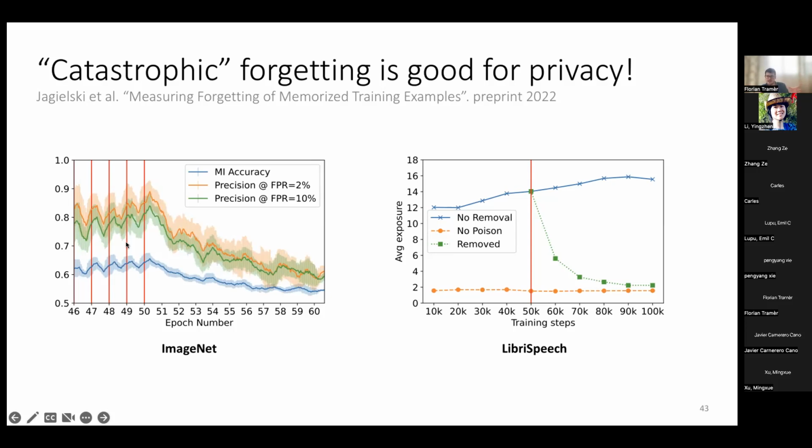What these results likely mean is that the examples seen towards the end of this epoch are much more likely to be memorized by the model than the examples seen way at the beginning, because by the time you reach the end of your training set, all the stuff that the model memorized early on during training has been forgotten. This indicates that the order in which data is seen during training might matter quite a bit in terms of what gets memorized and what doesn't.